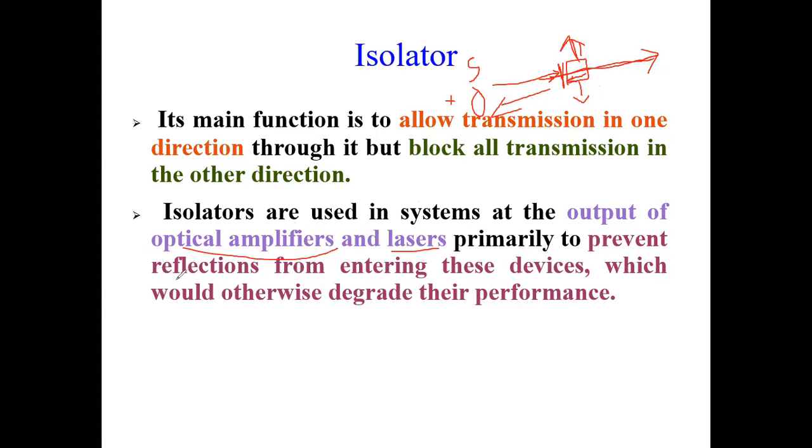It prevents reflections from entering this device, which would otherwise degrade their performance. So these 2 points you can please remember for your MCQ, or if you are writing a short note on optical isolators. So what is an isolator and where actually I am placing the isolator in the entire stream?